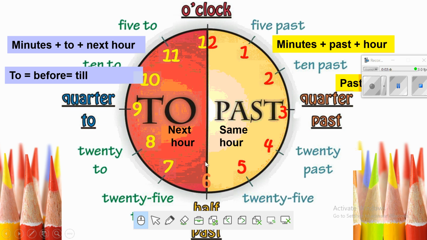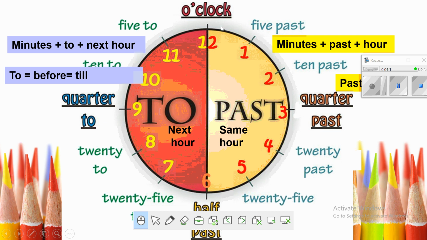From 12 to 6, it's past, and from 6 to 12, it's to. The yellow part is past, and I'm using the same hour. For the other part, the red part, I'm using to, but with the next hour. It is so important to focus that with to, it's not the same hour, you have to make it the next hour.